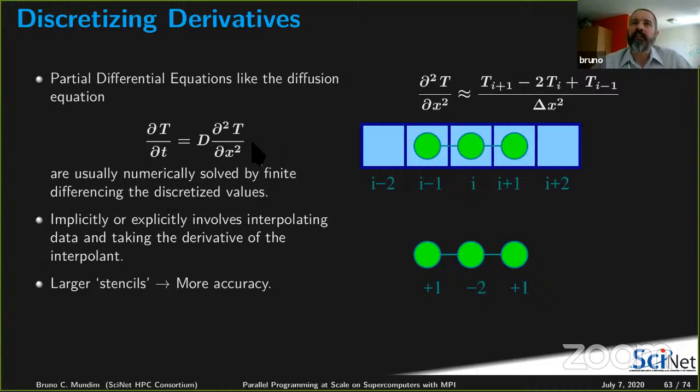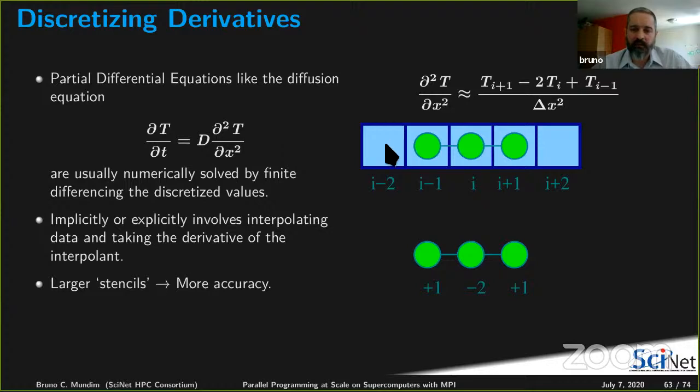In order to compute this diffusion equation on a supercomputer, you need first to find a way to represent the derivatives in a grid. So the continuous function we already know.